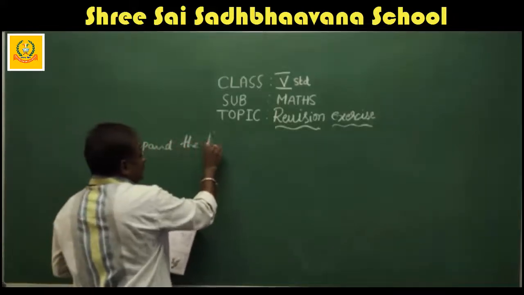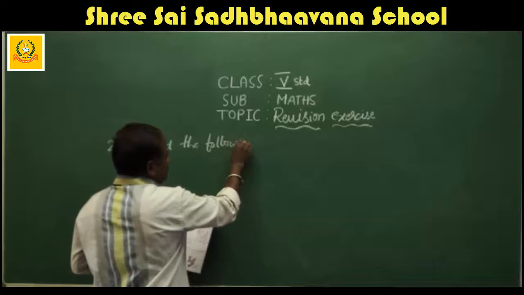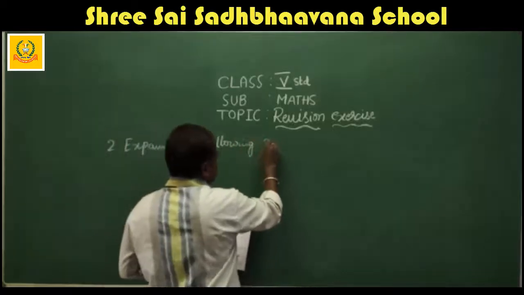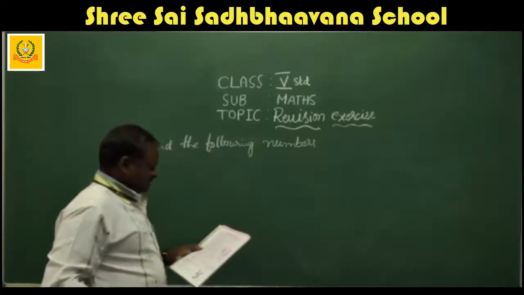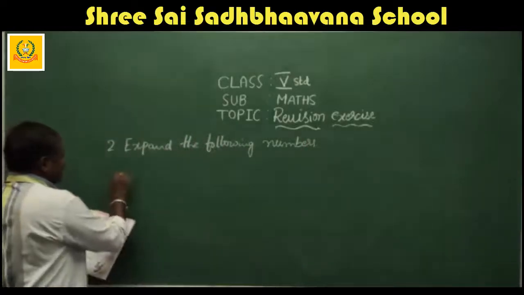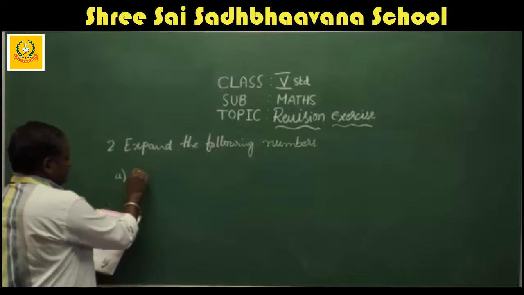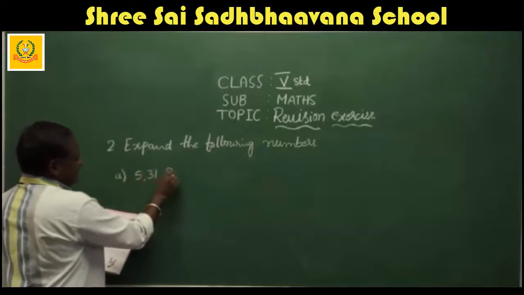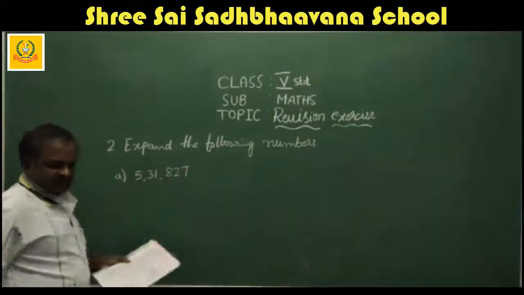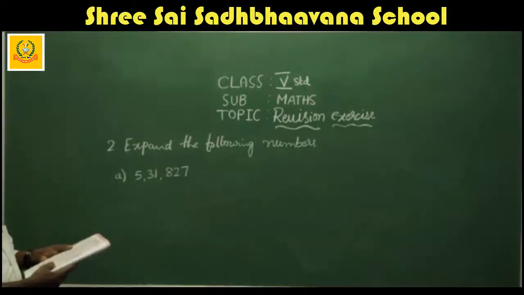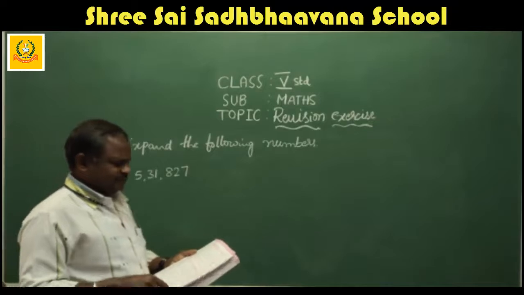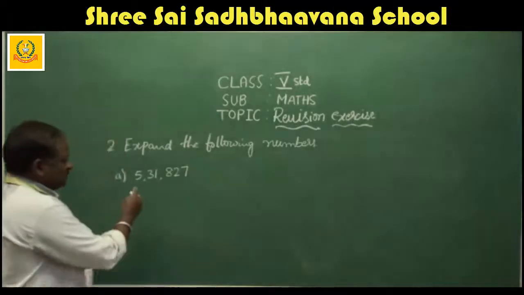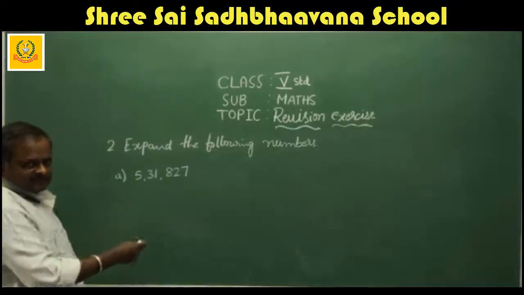Expand the following numbers. Here the first one given is 5,31,827. How will you explain this one? That means we have to write using the plus.